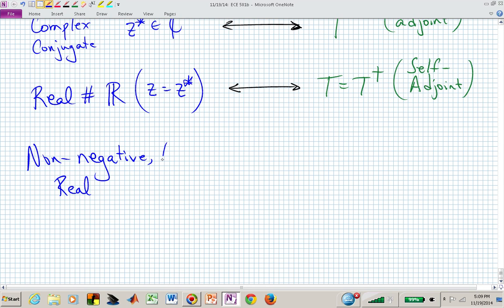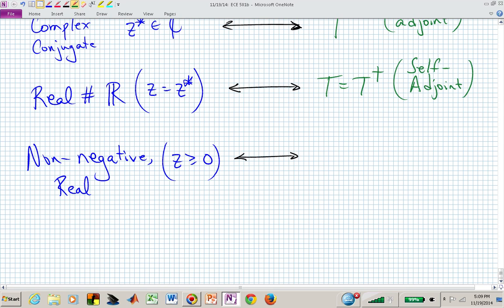What about if we looked at a non-negative real number? So that now Z is greater than or equal to 0, where Z is now real. So Z is equal to Z star is greater than or equal to 0. What kind of a map does that get related to? Now that's a positive map, isn't it?